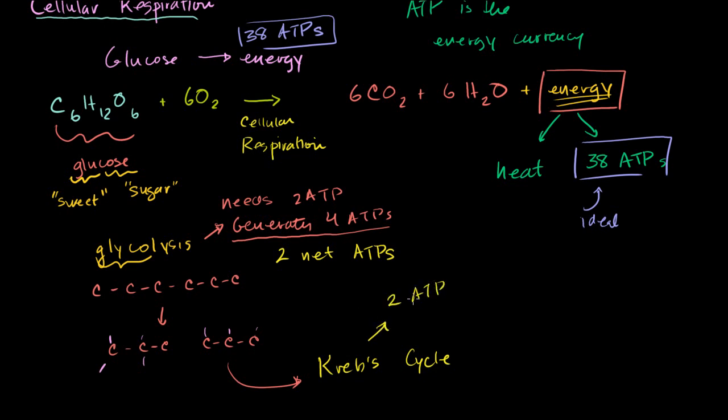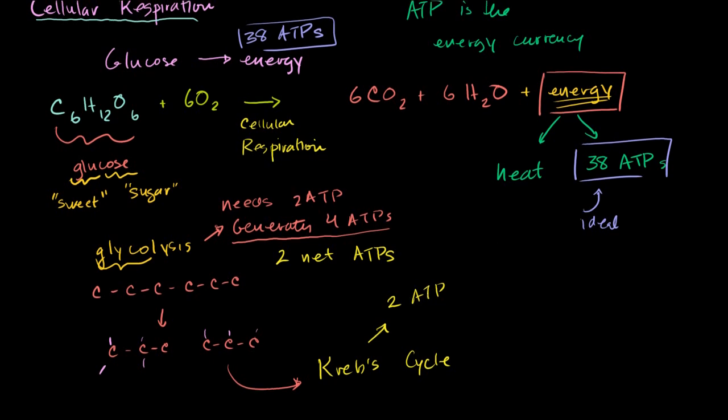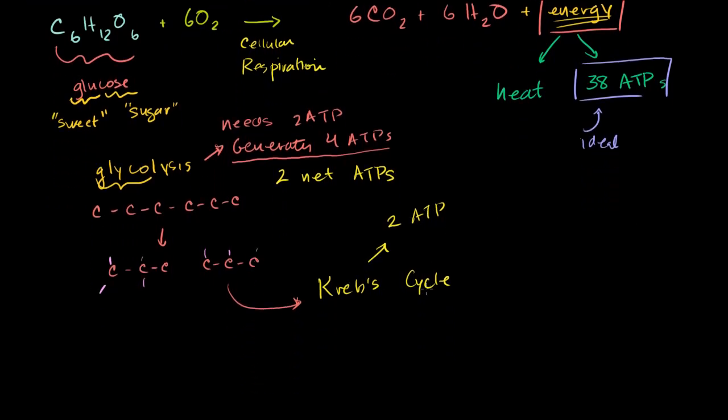And then, this is the interesting point, there's another process that you can say happens after the Krebs cycle, but we're in a cell and everything is bumping into everything all the time. It's normally viewed as coming after glycolysis and the Krebs cycle, and this requires oxygen. So let me be clear.